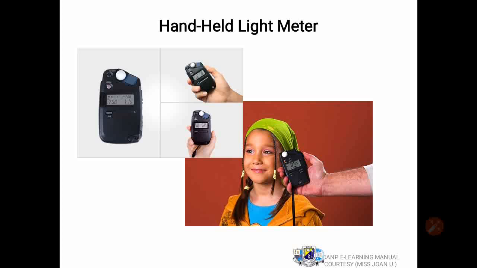That is why he's taking the light meter very close to the eyes. He will press the first button, and then the light meter will produce a flash, and then the reading will be taken. So you know the exact light that is entering your eyes if you have this light meter.